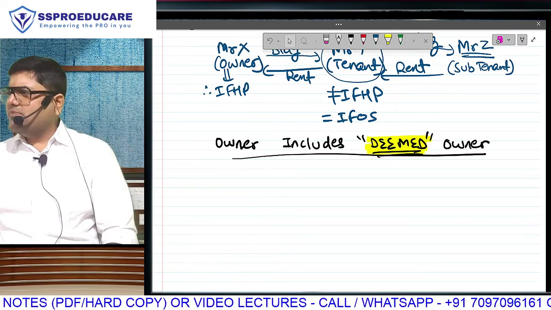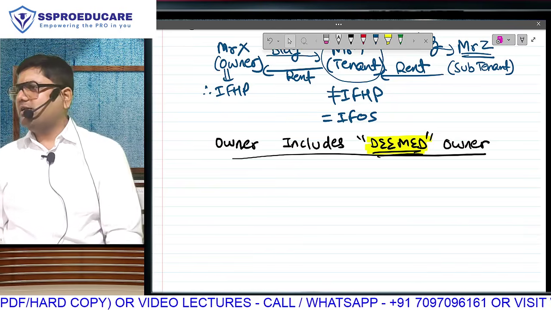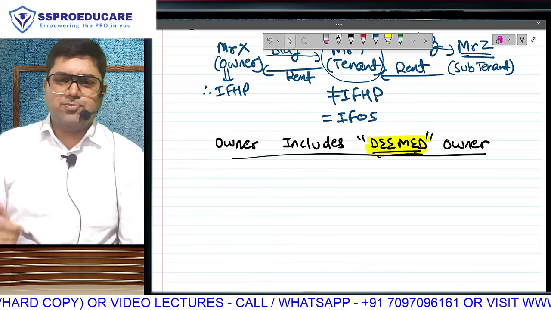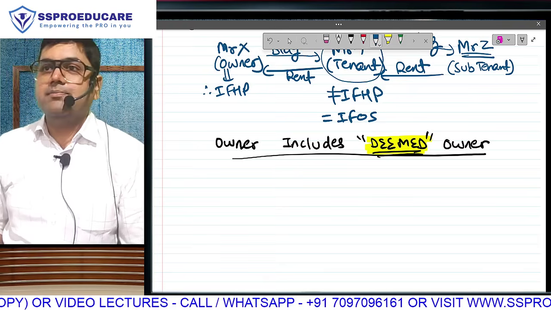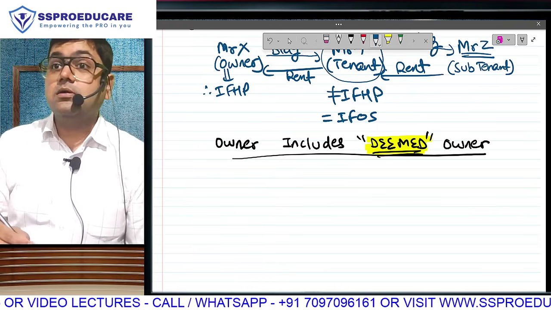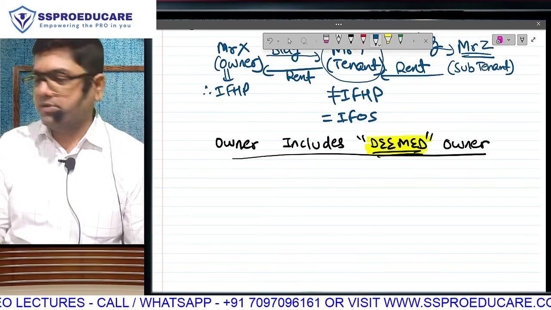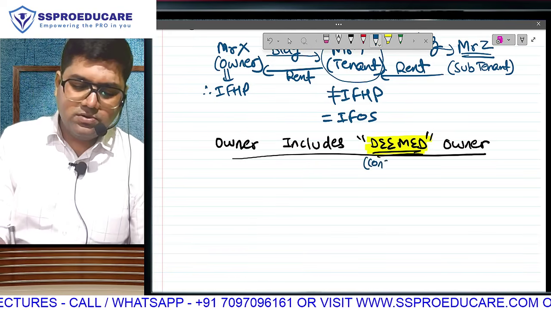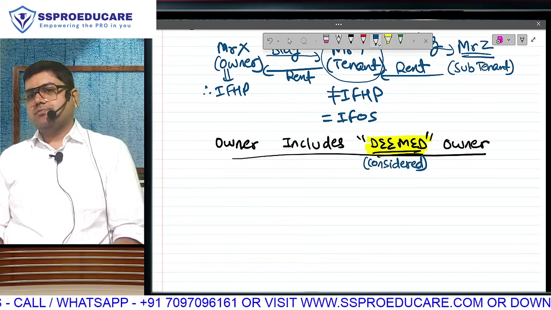Deemed word ka meaning I must have taught you. Deemed incomes ke waqt, deemed Indian incomes ke waqt, deemed resident ke waqt. What is the most appropriate word which can serve as a replacement of the word deem if we want to keep it simple? Assume, presume toh hai, but that's not the most appropriate word. I must have told you. Consider.